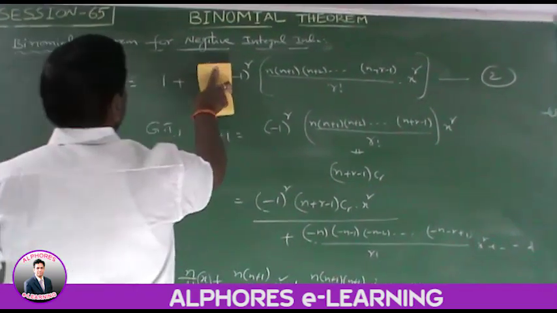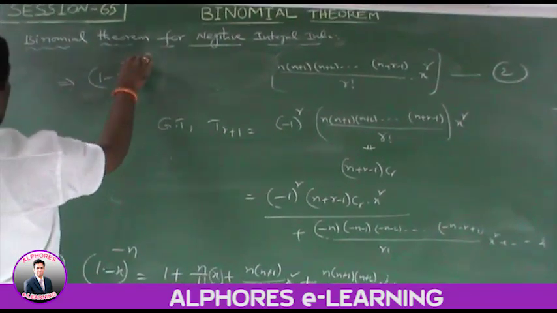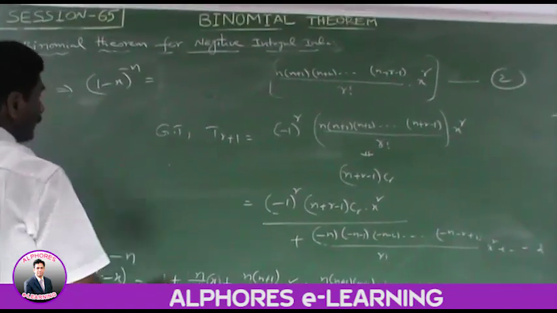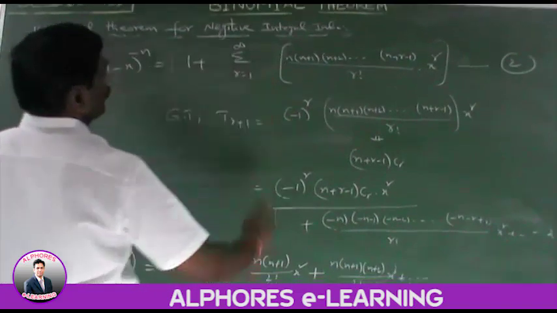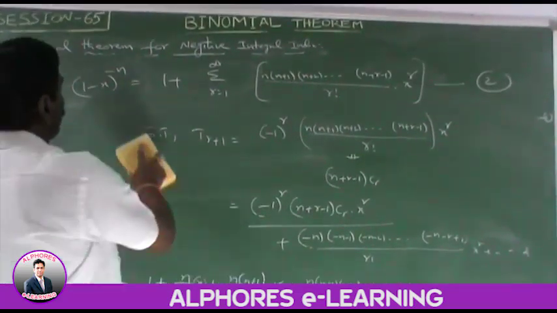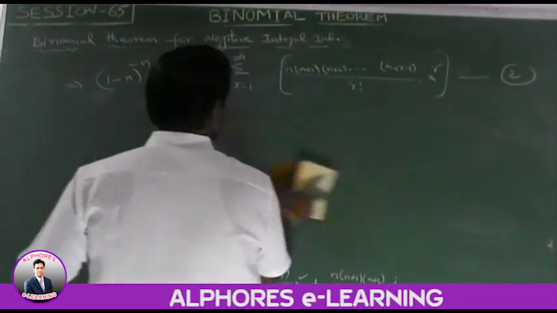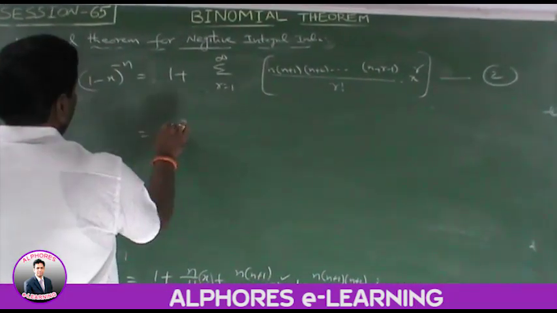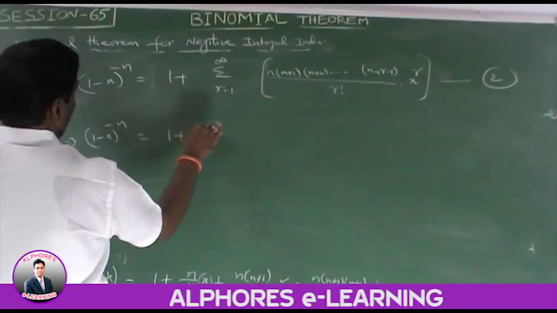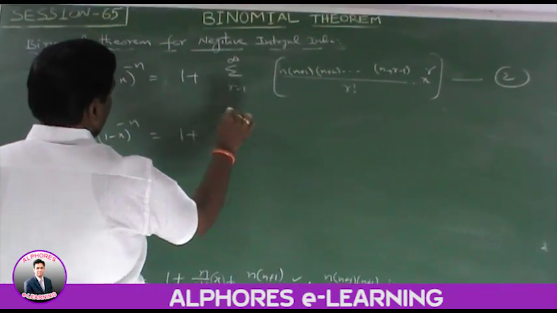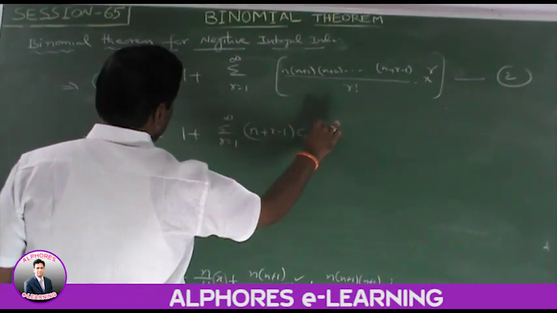That implies 1 minus x whole power minus n is equal to 1 plus sigma r is equal to 1 to infinity, n into (n plus 1) into so on (n plus r minus 1) into x power r by r factorial. That is equal to 1 plus sigma r is equal to 1 to infinity, what is this value? n plus r minus 1 C r into x power r.